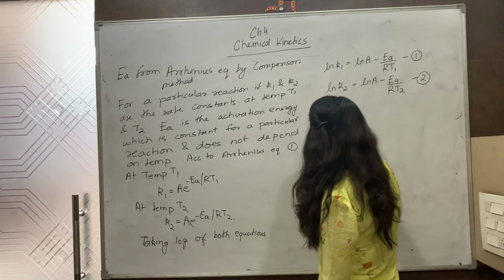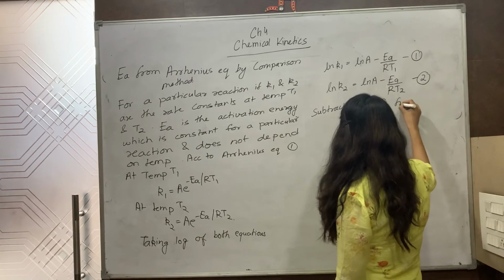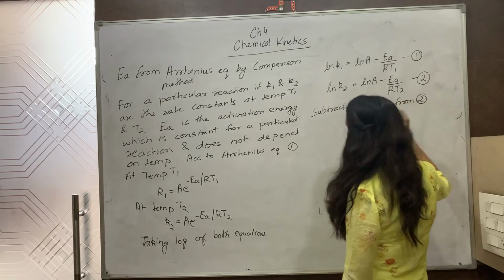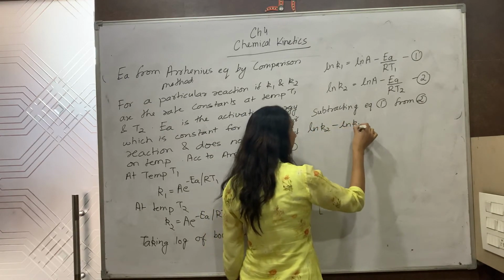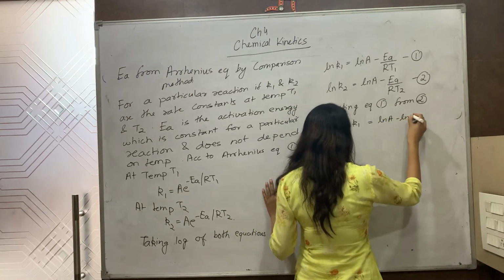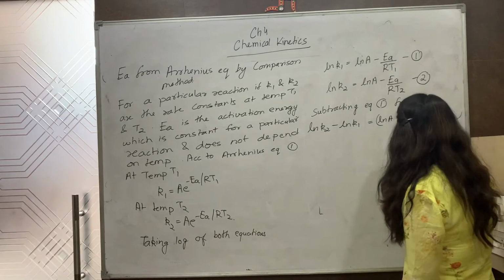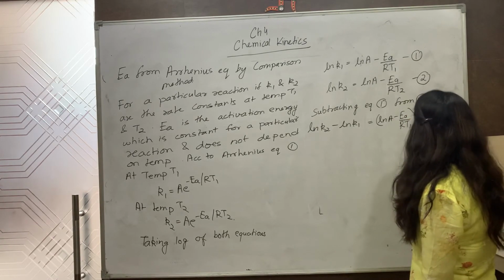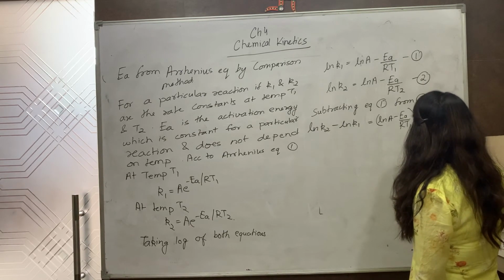And I am subtracting equation 1 from equation 2. So I can write ln k2 minus ln k1 is equal to ln A minus ln A, minus Ea upon R T2 minus, minus Ea upon R T1.